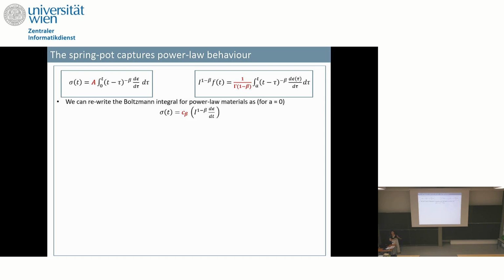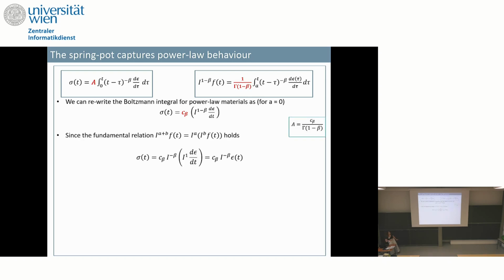Gamma of 1 minus beta is also a constant. So we rewrite it as sigma equal to a constant times this repeated integral of order 1 minus beta. Yeah, they look the same. It's just a constant.